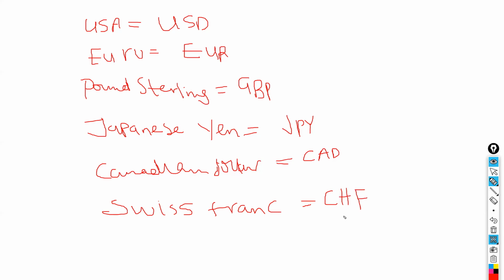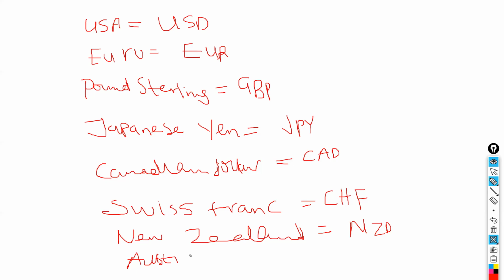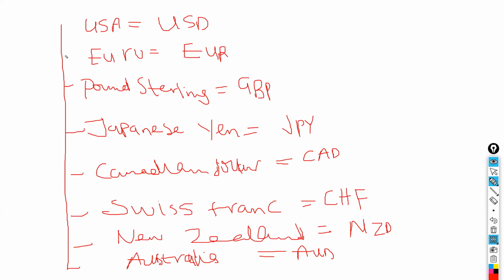Okay, we have the New Zealand dollar as the NZD. We have the AUD, that is Australia. So these are the 8 major economies in the world. This is the first, second, third, fourth, fifth, sixth, seventh, eighth.